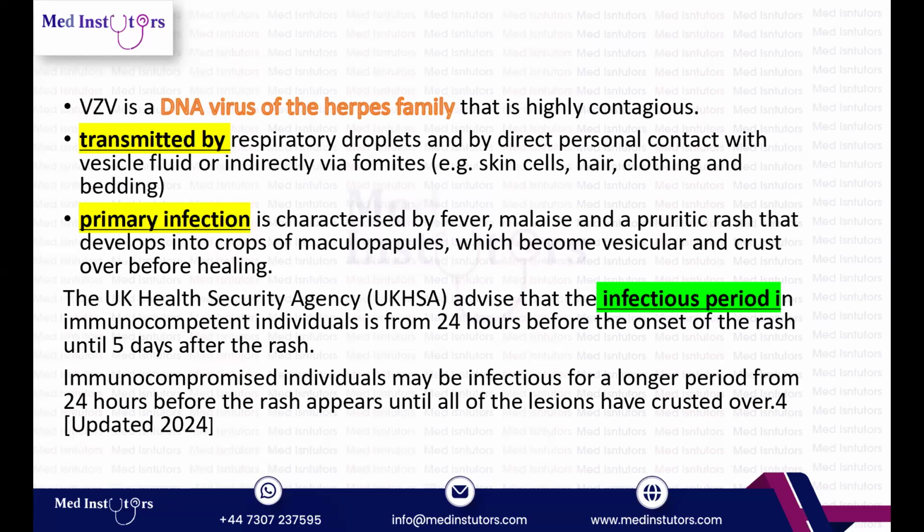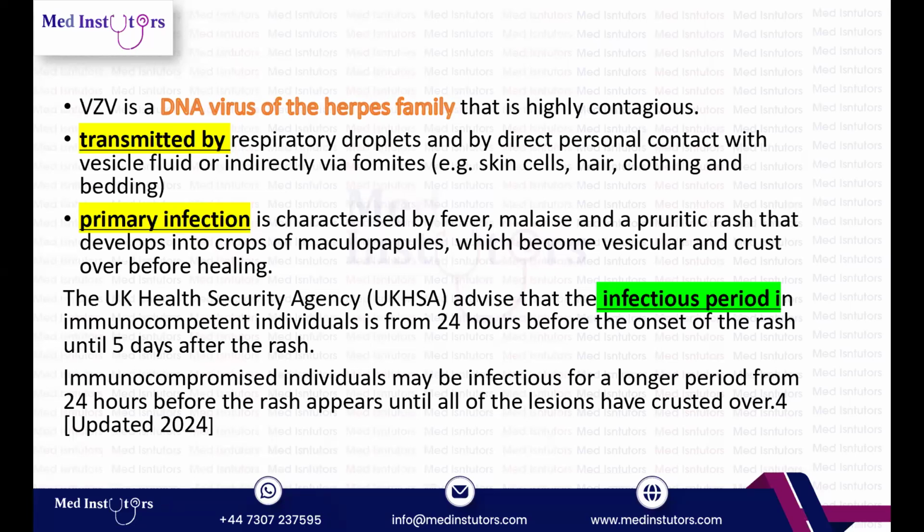This is a new edition of this guideline that has been modified. Initially, it was 48 hours before the onset of rash, until the rash had crusted over, but now they have compressed it to 24 hours until the 5 days, because probably it's the 5 days when the rash gets crusted over. Is that clear now?